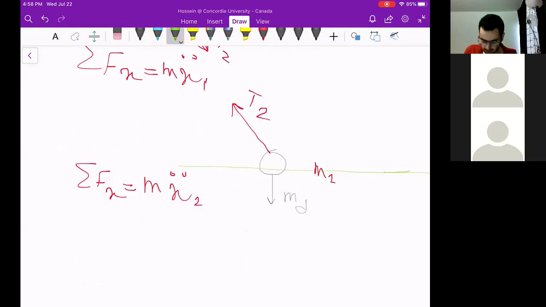Now, if you consider the second mass, I can show you the other forces. This is a tangential line, and this is going to be theta 2.